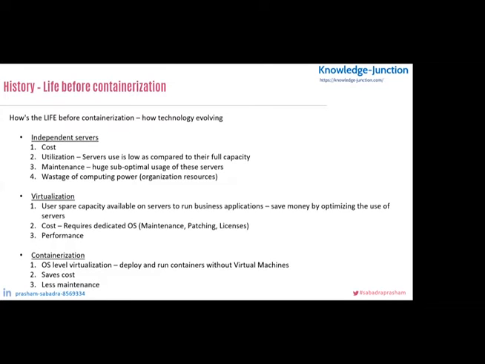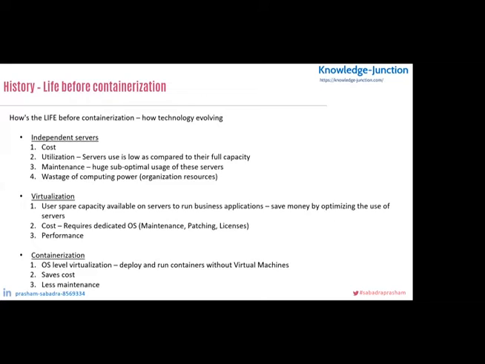Okay, so let's discuss what was there before containerization. If we go back to around 2000, for my business applications, there were independent servers. If I needed to scale my application, either scale up or scale down, I needed to either add servers or remove servers.